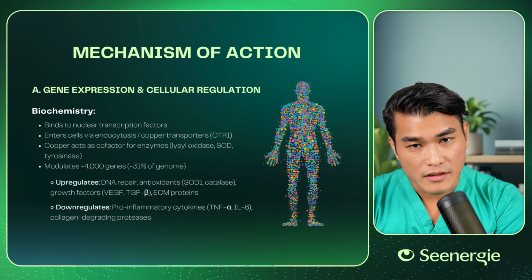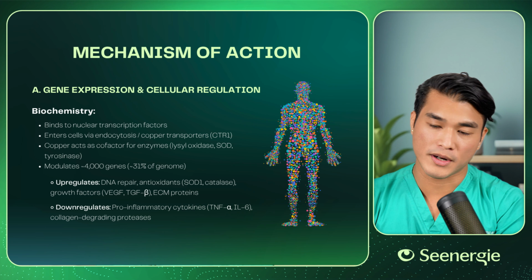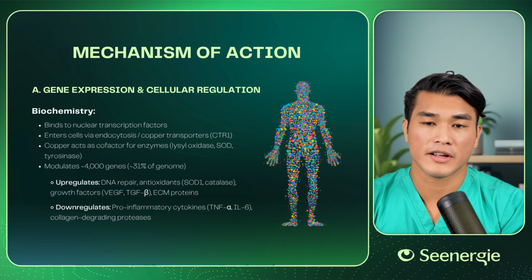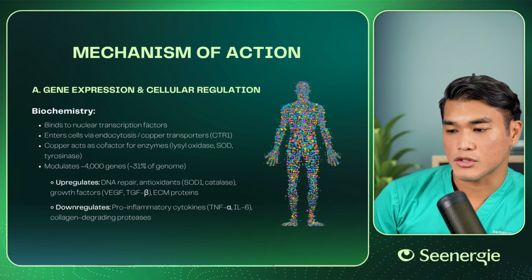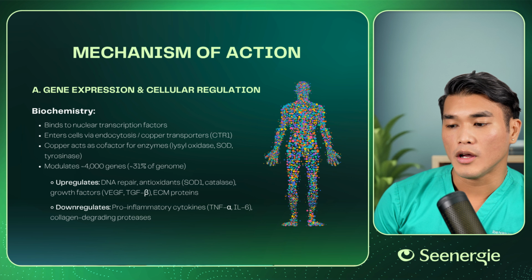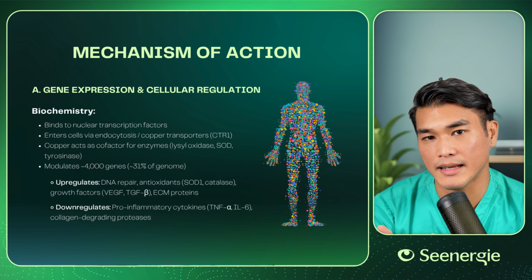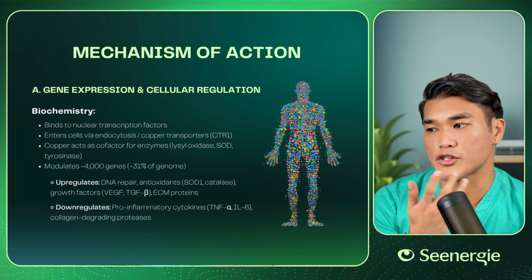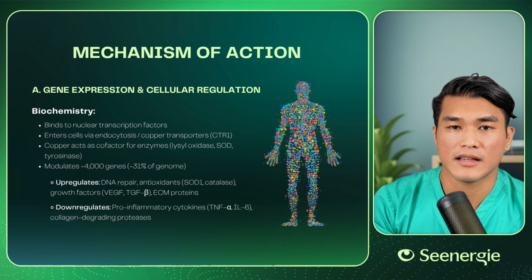The first effect of GHK-Cu is with regards to gene expression and cellular regulation. What does that mean? GHK-Cu interacts with the cell surface receptors and directly binds to nuclear transcription factors. They are in the nucleus with your DNA and are in charge of transcribing or relaying genetic information.